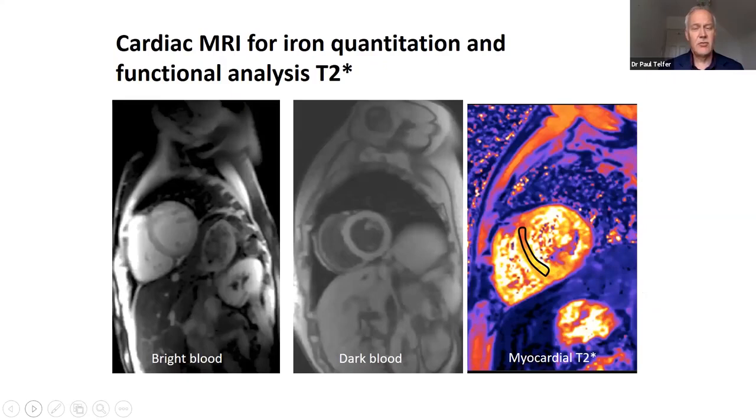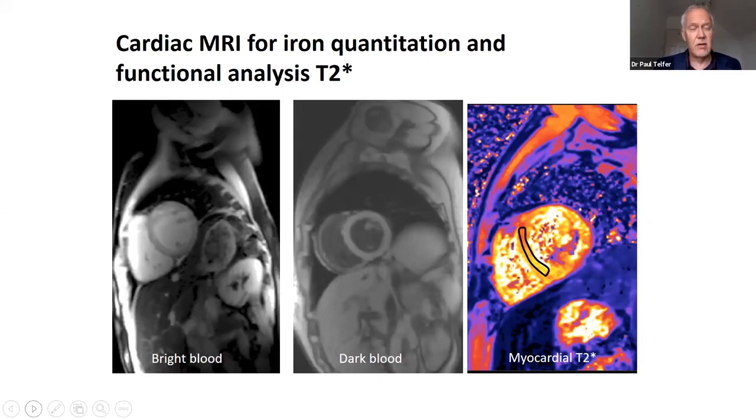So let's talk now about magnetic resonance imaging, and I'm going to start with imaging of the heart. And this, as we've said, the heart is the principal target organ in terms of morbidity and mortality in thalassemia. Cardiac disease is still the commonest cause of death, and this relates to cardiac iron overload.